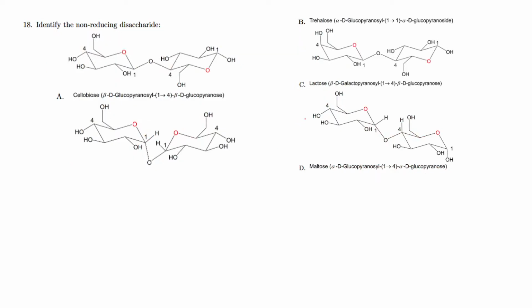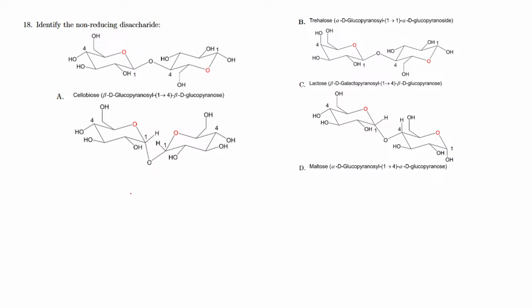Okay, this is a question from biomolecules. So what are non-reducing disaccharides? Non-reducing disaccharides are the molecules which do not have the anomeric carbon available to get reduced. It depends on the reaction how this disaccharide is formed.